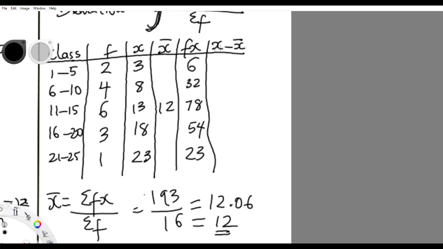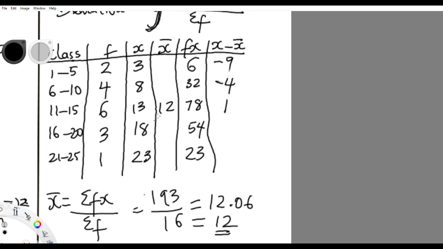This time around I'm not writing the absolute value, doesn't really matter actually. 3 minus 12, that's minus 9. 8 minus 12, that's minus 4.